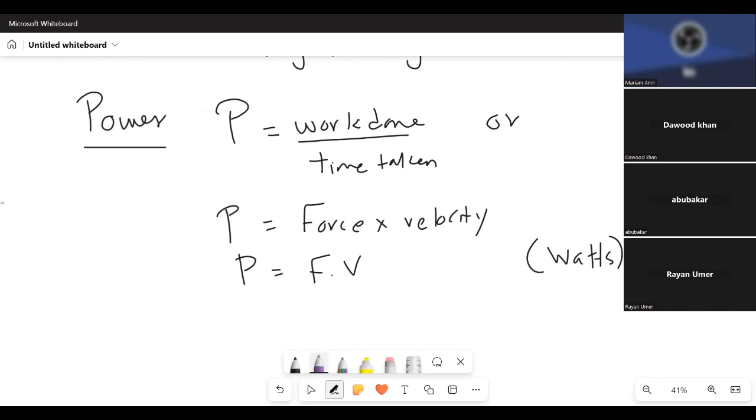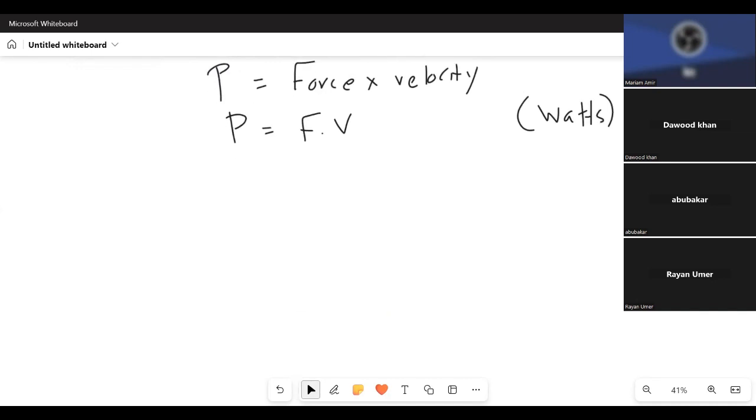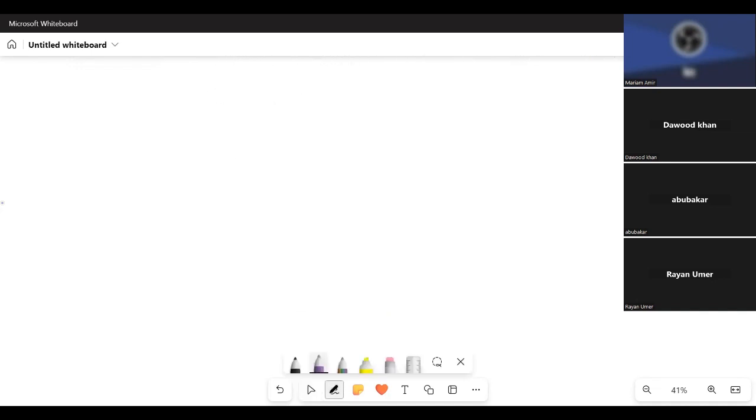Okay. And then lastly, a very important formula that you will probably be using in almost every question of this topic. That is work.